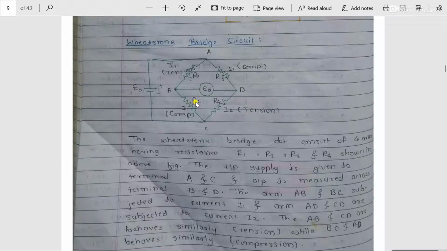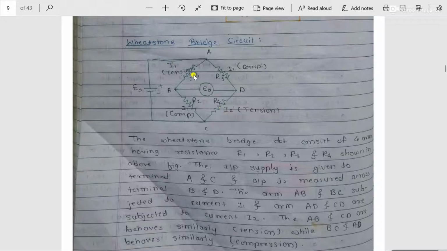Why? Because arm number 2 and arm number 3 are in front of each other, and arms which are in front of each other behave similarly, therefore 2 and 3 are subjected to compression, and 1 and 4 are subjected to tension. That means any two arms which are adjacent to each other behave opposite in nature.